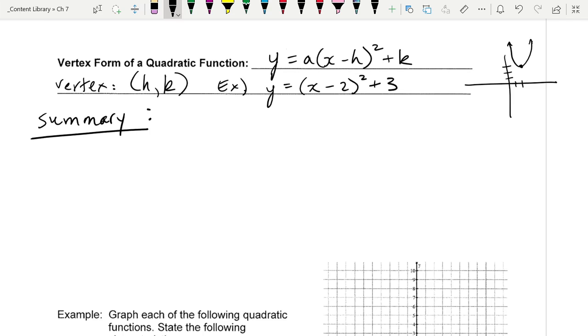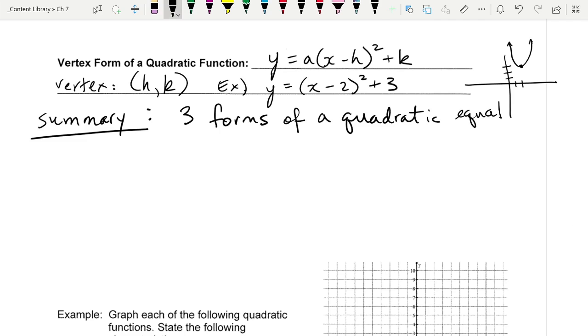What I notice about a, this is kind of cool, because now let's do a quick summary. So in this space here, we'll just do a summary. We have 3 forms of a quadratic equation. And the first form we saw was standard form.